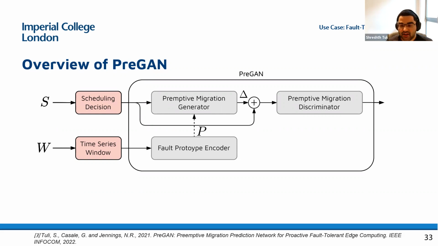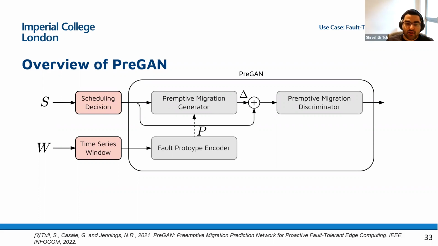So the idea of using this generative adversarial network is to create a generator model that generates these new scheduling decisions informed on the scheduling decision input from an underpinning scheduler S, as well as a fault predictor or fault classifier, which is this fault prototype encoder, to generate a more informed scheduling decision using these perturbations in the input, which we call preemptive migrations, and adding that to the input schedule and sending that to the discriminator network.